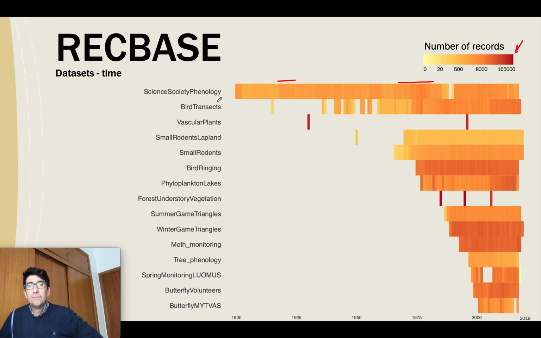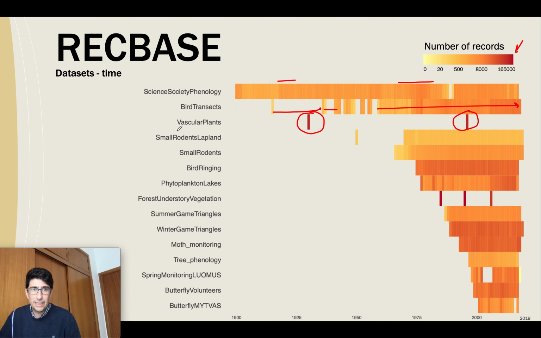For example, bird transects started in 1910 about, and then there were some gaps here, but after the 50s, 60s, it's been all the time. Vascular plants, for example, is very special because there were only two surveys, in the 40s and then about the year 2000, with a lot of records.